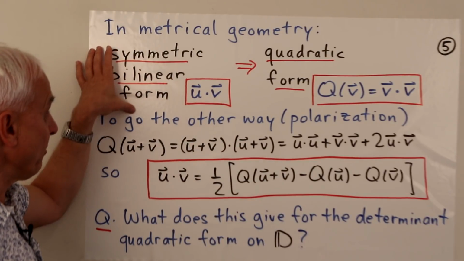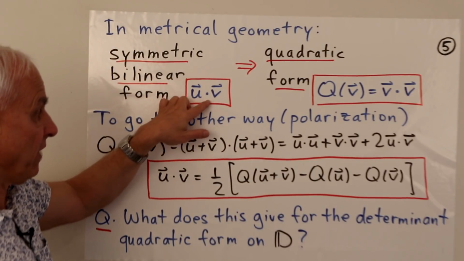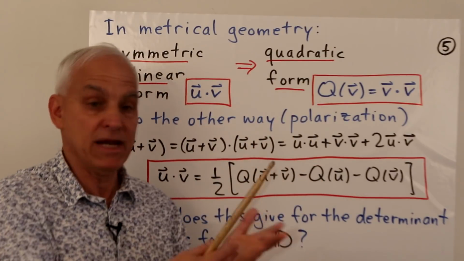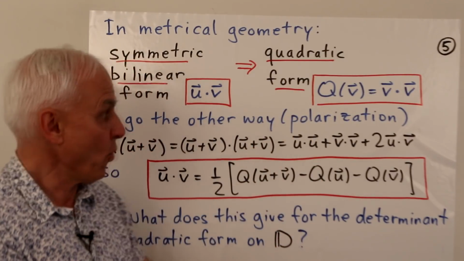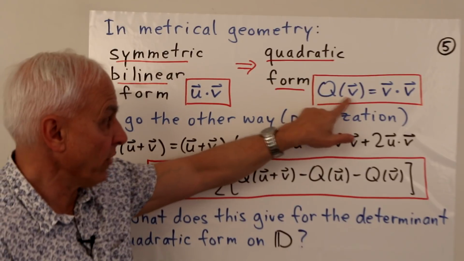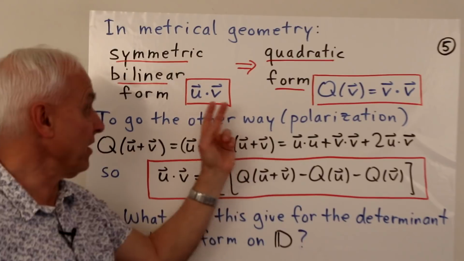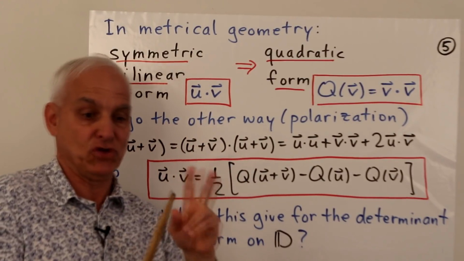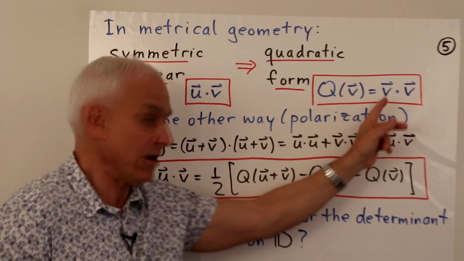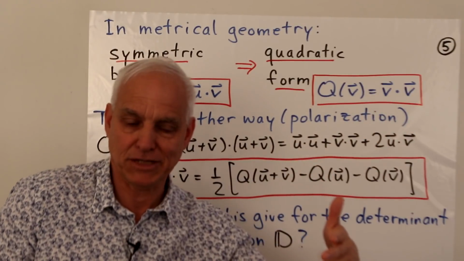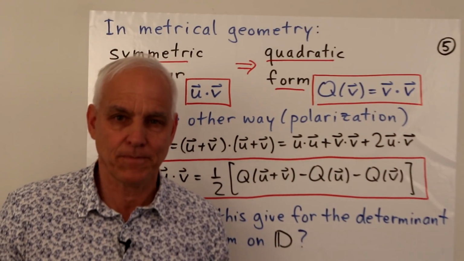If you have a symmetric bilinear form, say u dot v, then associated to it immediately is a quadratic form, where you just define the quadrance of a vector to be v dot v. Instead of having a linear function of 2 vectors, you have a quadratic function of 1 vector. That's sort of a simple-minded way of saying it.